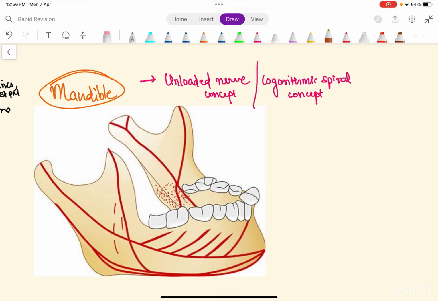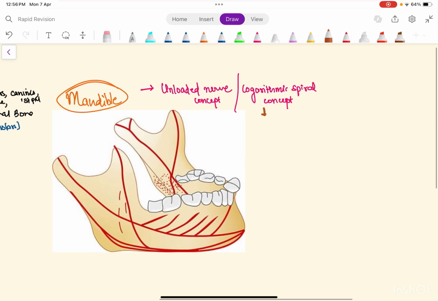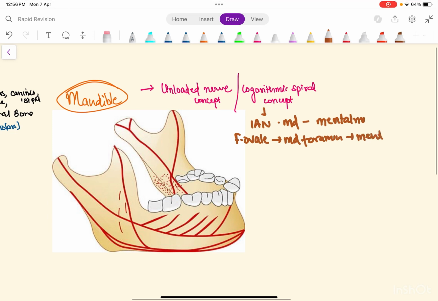In this what you see is basically you have the nerve, that's the inferior alveolar nerve, then mandibular nerve, and then mental nerve. See, first we have foramen ovale, then mandibular foramen, then mental foramen.